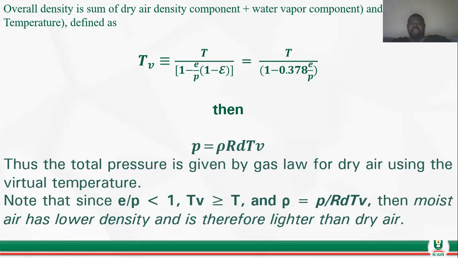Then moist air has lower density and is therefore lighter than dry air.